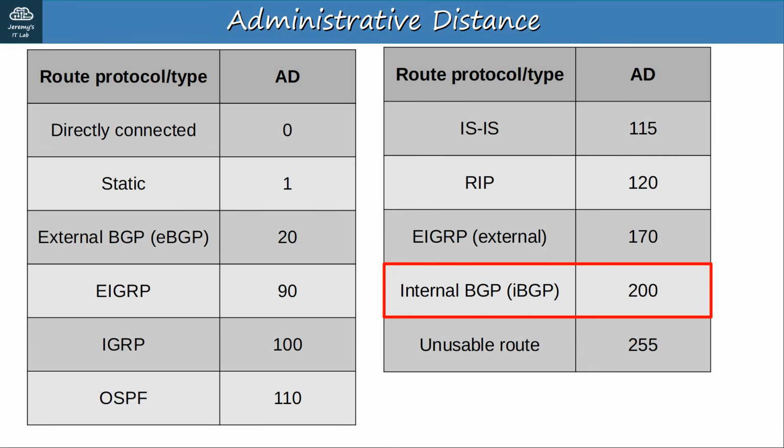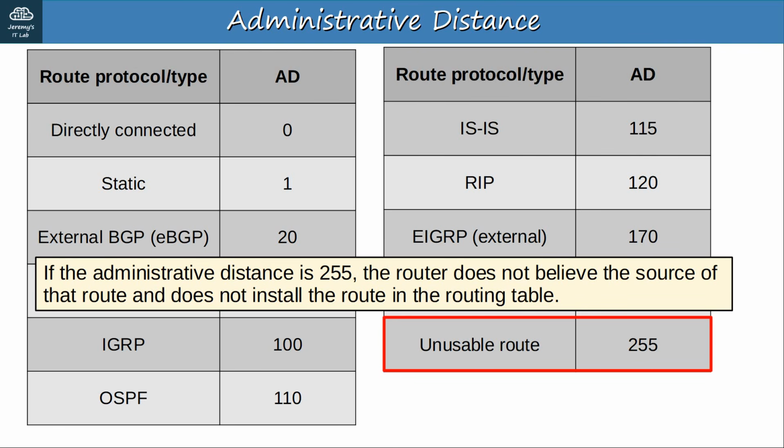Then, internal BGP, iBGP, has an AD of 200. Then one more. Routes with an AD of 255 are unusable. Here's a quote from Cisco. If the administrative distance is 255, the router does not believe the source of that route and does not install the route in the routing table.